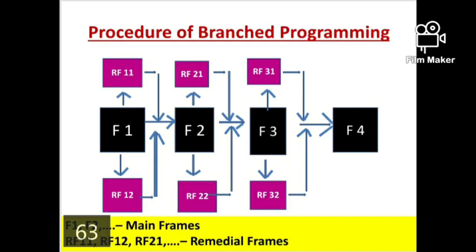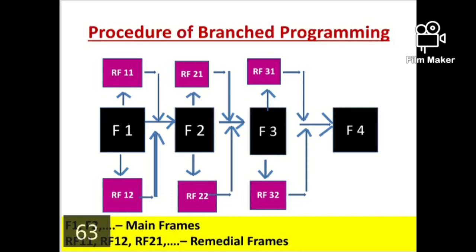Procedure of branched programming. F1, F2, F3 and F4 represent the main frames. RF represents the remedial frame. Here you can see RF11 and RF12 correspond to the remedial frames of the main frame F1.